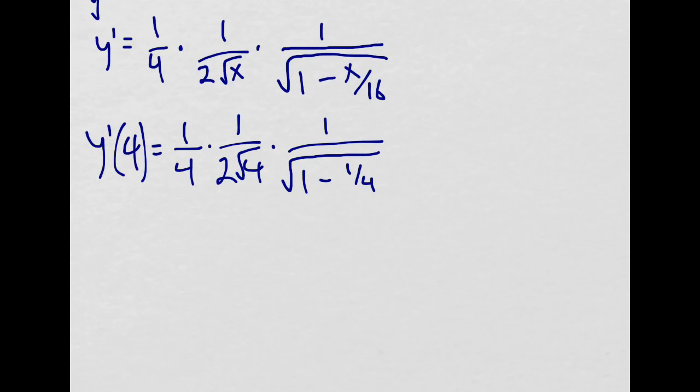So I need to simplify this as much as I can. This is equal to 1/4 times 1 over 2 root 4, which is 2 times 2, times 1 over root of 1 minus 1/4, and 1 minus 1/4 is 3/4.